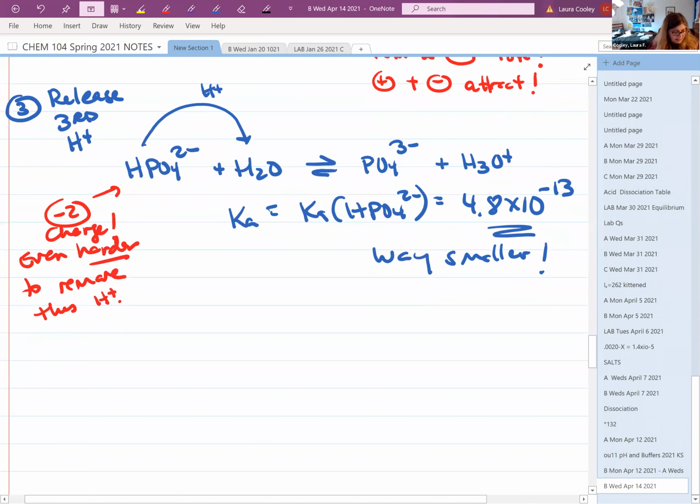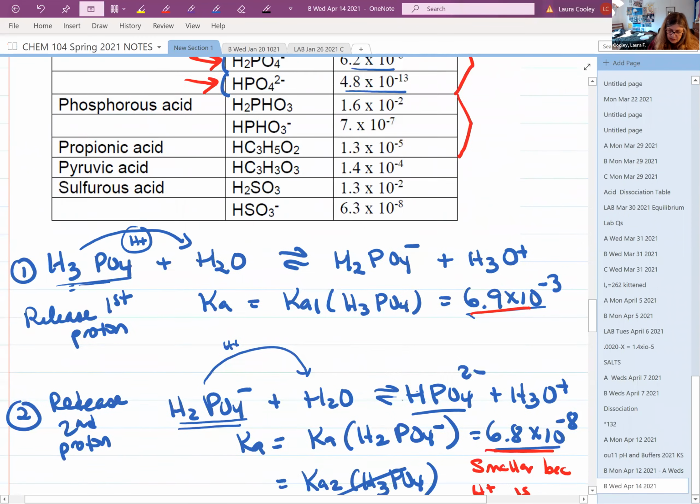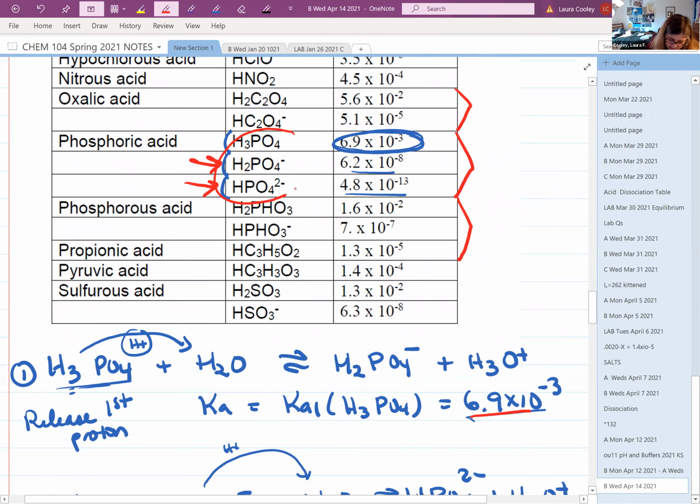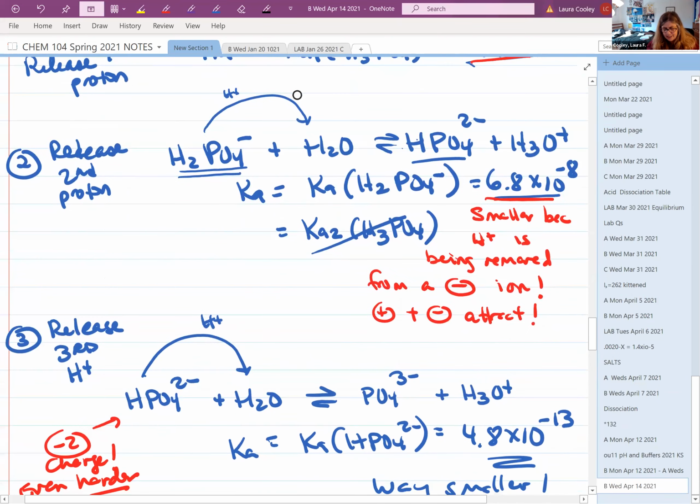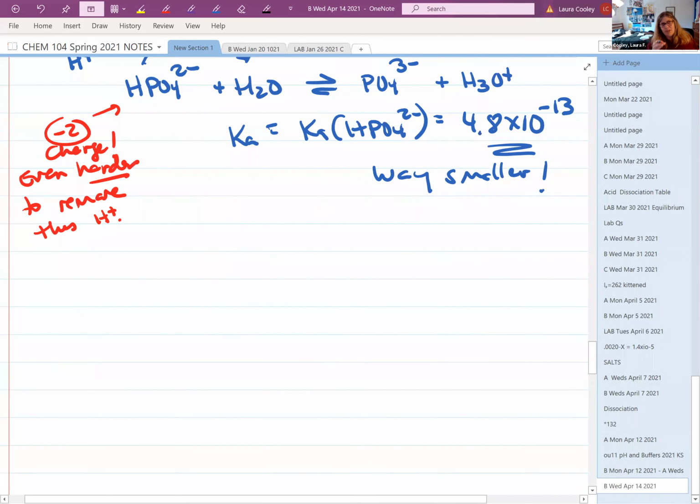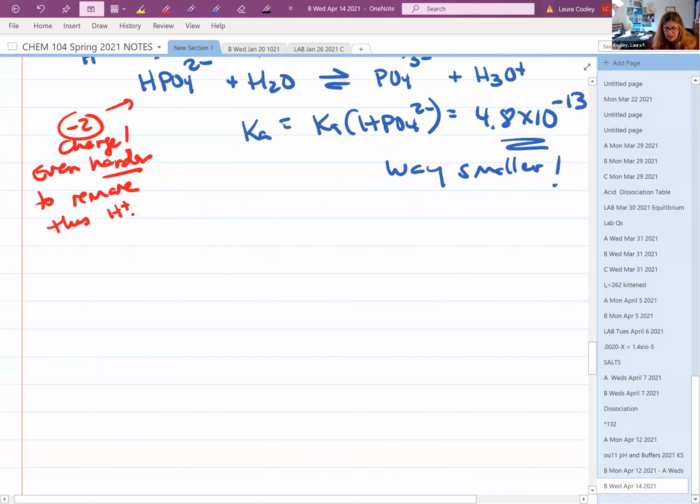So that's the complexity of the chemistry that you have when you have a polyprotic acid. And if you notice on the chart, I showed you that these are all in the weak acid dissociation chart. But let's not forget that the same chemistry that we have for all acids also goes for these. When you remove a proton, you now have the conjugate base of that acid.